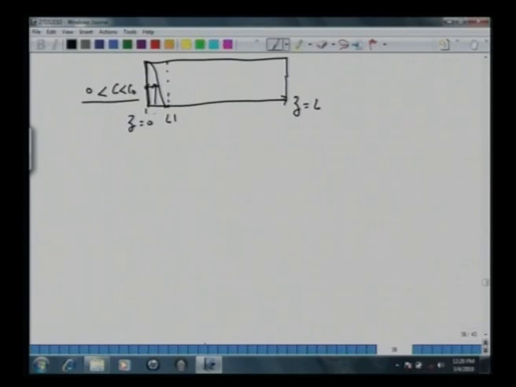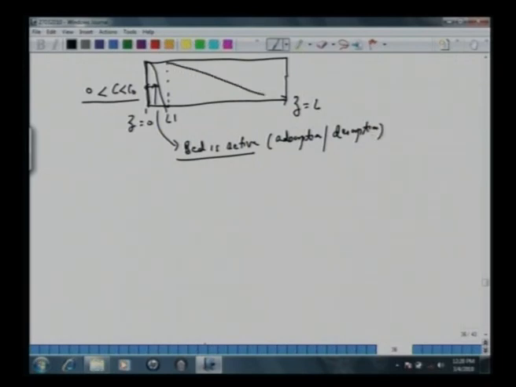This is a zone where the bed is active. When we say the bed is active, we are saying that there is adsorption and desorption. It's a reversible process. However, there is a region here where there is no activity. This is the region that is unused, or unspent, or a fresh adsorbent bed. So it's a fresh bed here.